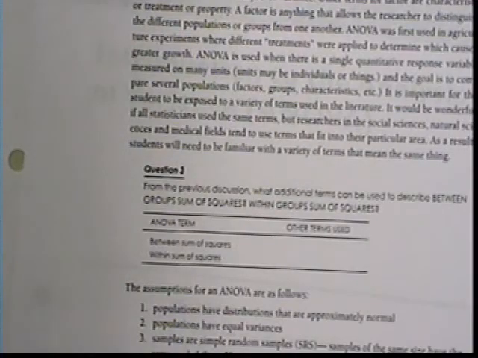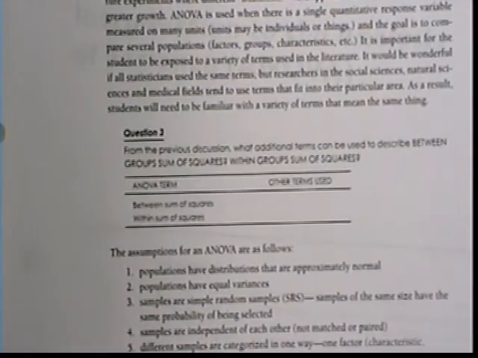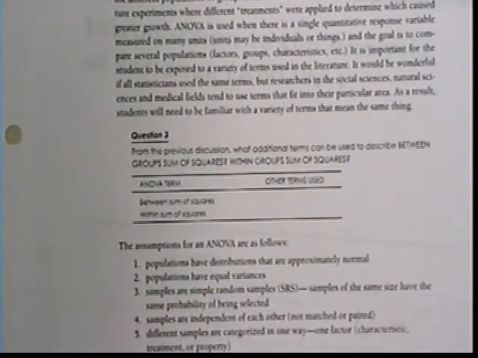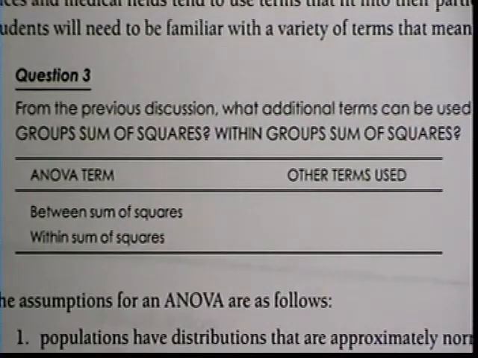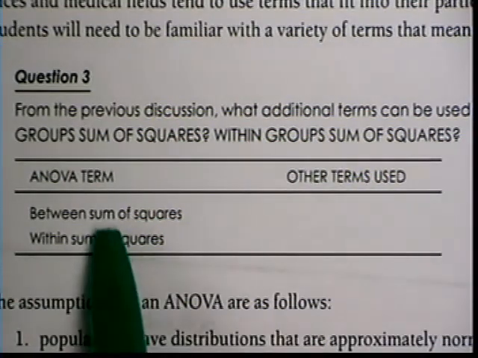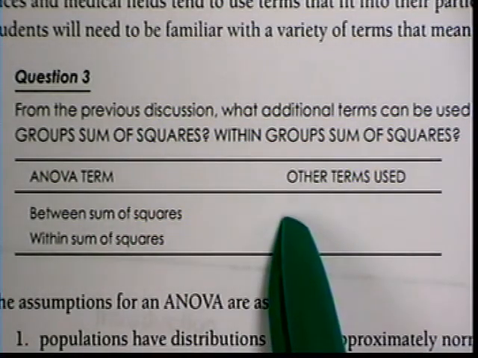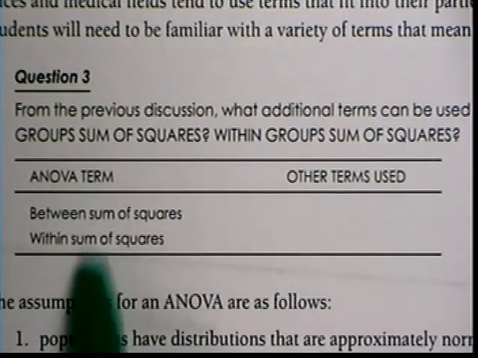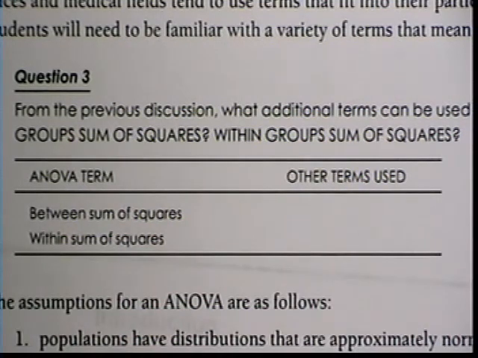I do want to take care of that on the textbook, just to clarify, on the terms to define the between. This would be the treatment or the factor, and then within could also be called the error. So we'll stop here and come back.